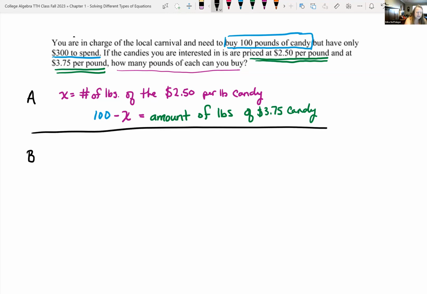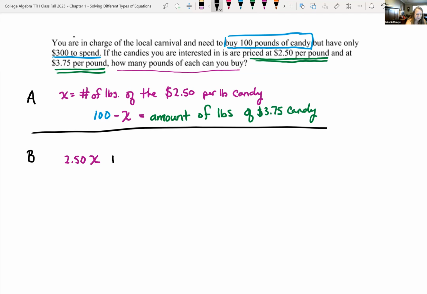So we want to set up our equation. So cost. So if we have X pounds and it's $2.50 per pound, then we have $2.50 times the number of pounds. So that's how much she's paying just for the $2.50 per pound of candy.